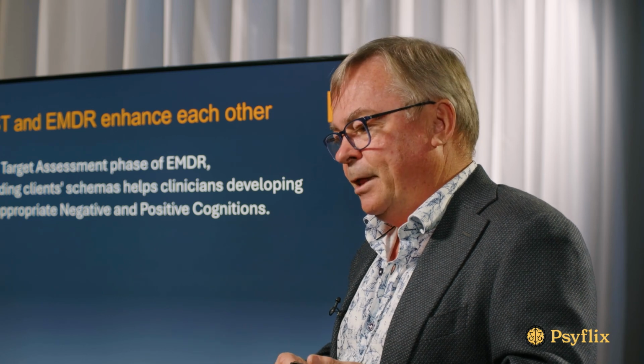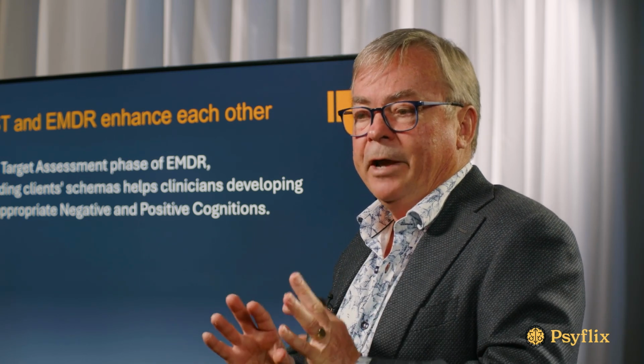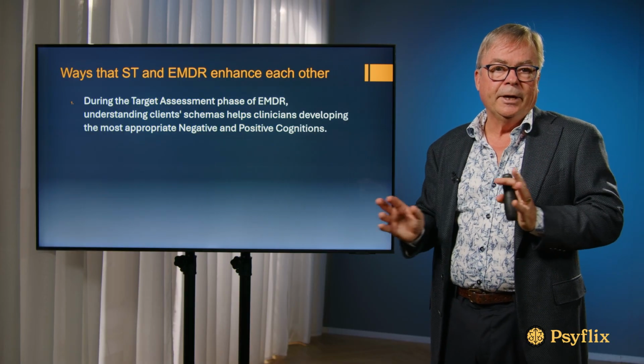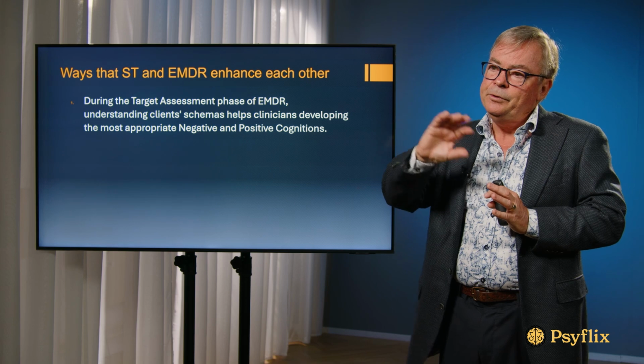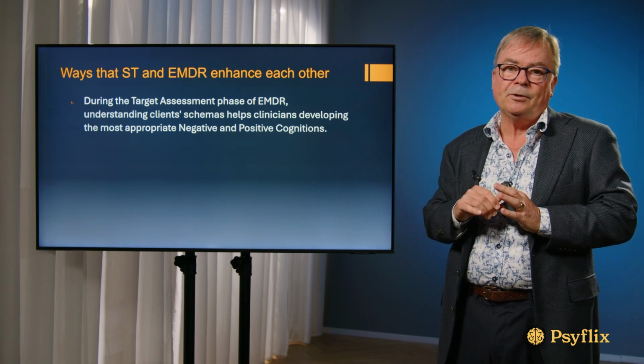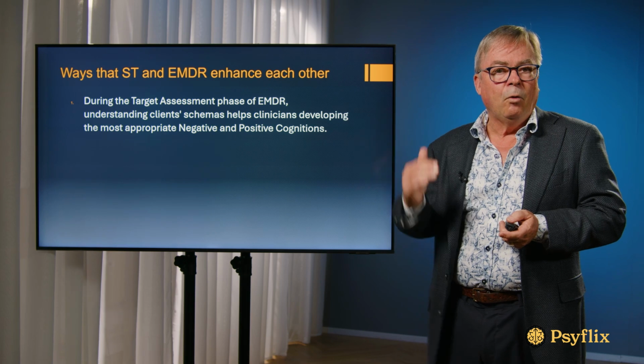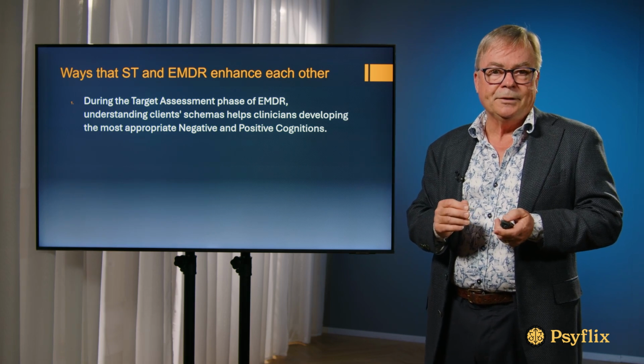Well, schema therapists have spent decades trying to work out the best way of categorizing negative and positive cognition in order to get an outcome. So the knowledge from that research and practical base can really inform an EMDR practitioner of what would be the most suitable negative and positive cognition.